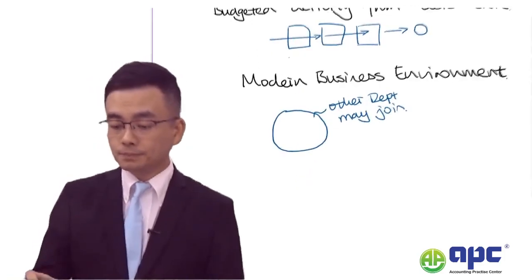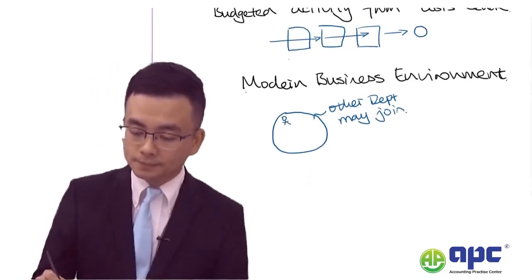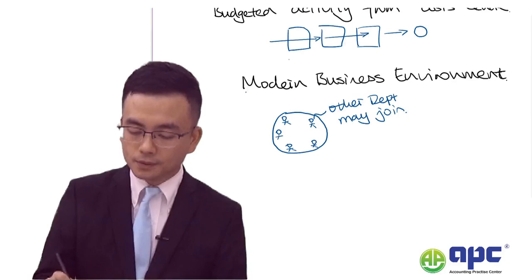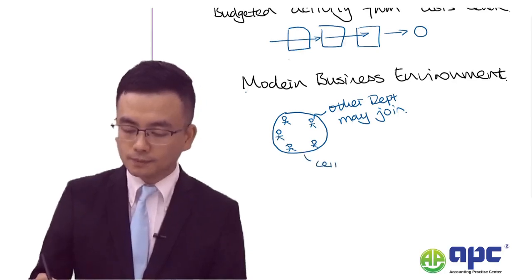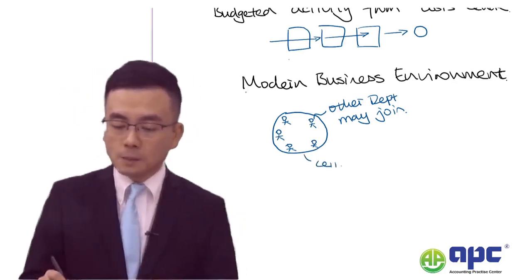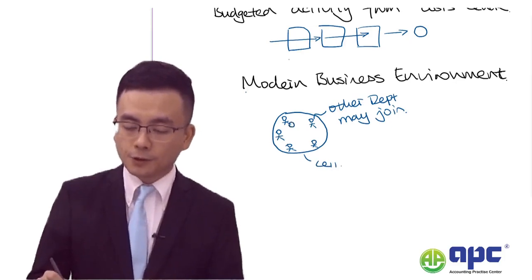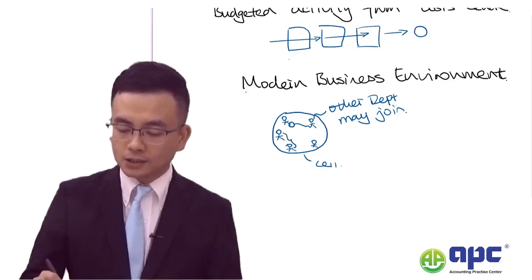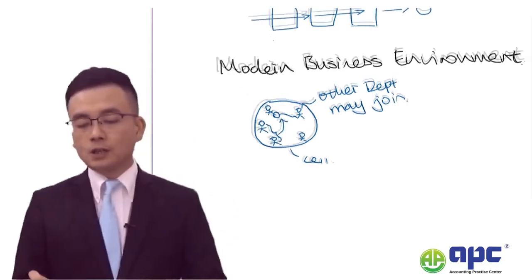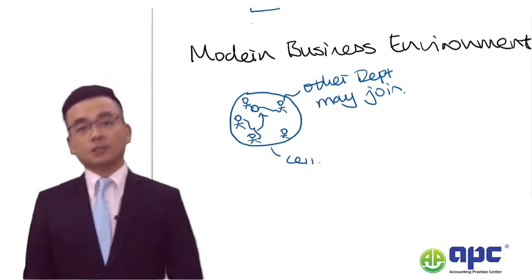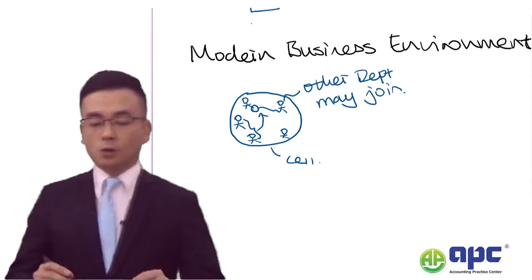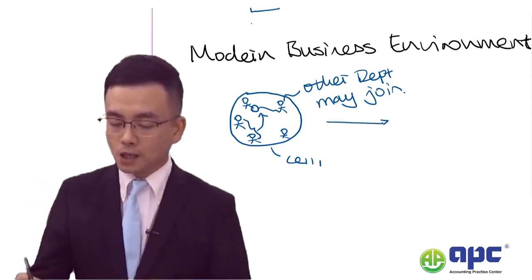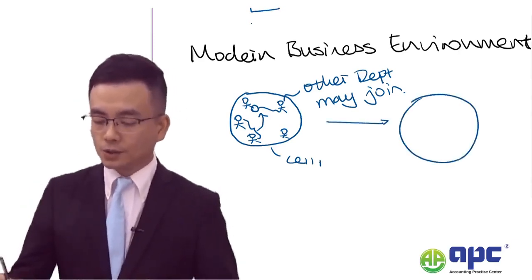They may be sitting there in a cell, and then my product, for example, goes through this person, passes to the next one, and even the other two will come through to produce the item together. In cell 1, after that, we'll pass the product to cell 2.